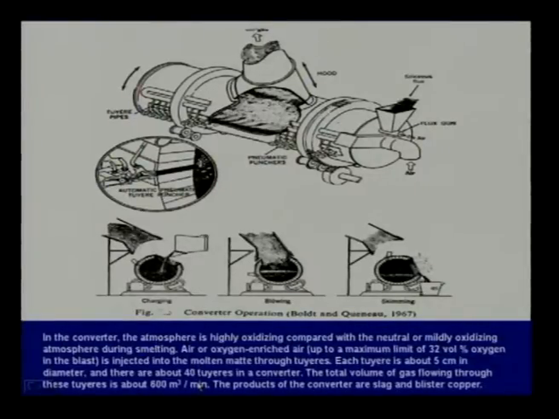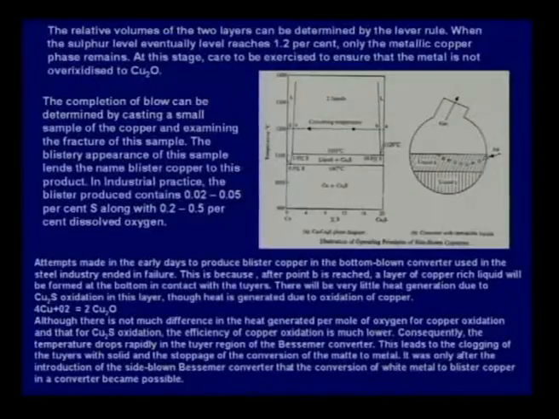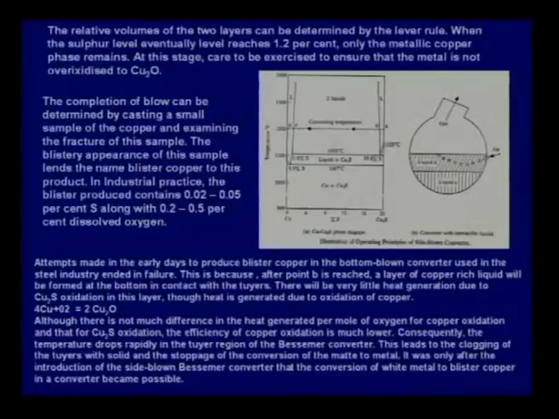So, you have 3 steps: roasting, then smelting, and then converting. Now, let us come to what is happening during converting. You start with a mixture of sulphides, copper sulphide and iron sulphide.